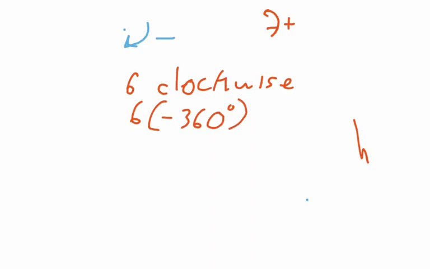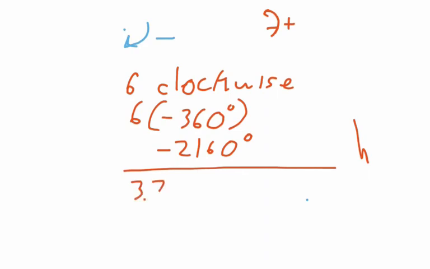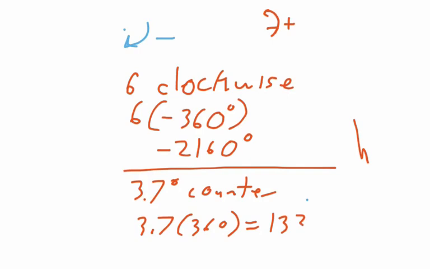So 6 times negative 360 turns out to be negative 2,160 degrees. And if I want to do 3.7 rotations counterclockwise, I'm going to do 3.7 times 360, and I get 1,332. And that was like example 2 from your notes.